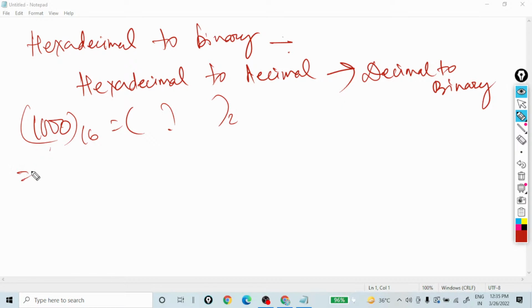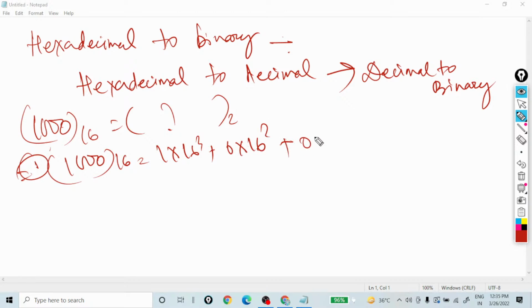If this is the question, first we have to convert hexadecimal to decimal. So 1000 in base 16 is equal to 1 into 16 to the power 3 plus 0 into 16 to the power 2 plus 0 into 16 to the power 1 plus 0 into 16 to the power 0.